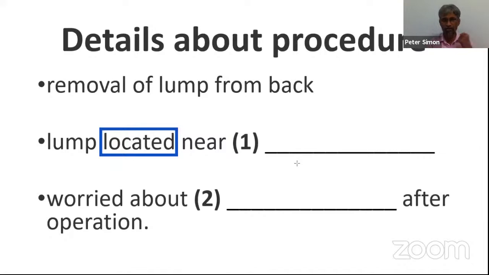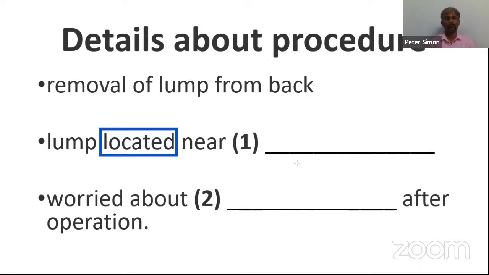Removal of lump from back. So lump is already there in the previous sentence, so it's not important. Now how to know which word is important? Located is important, the size of the word is very big. Already the word which has come earlier will not be important.